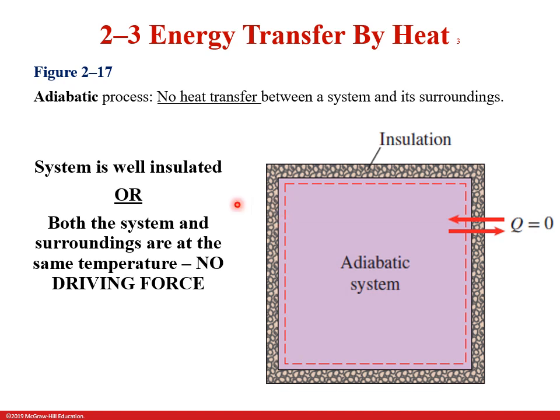So adiabatic means either the system is well insulated or the system and the surroundings are at the same temperature, so there's no driving force for temperature. Typically we're going to use adiabatic in the context of well insulated. But if you're doing an analysis and there's no indication of temperature difference between the surroundings and the system, you could also in some cases assume it's an adiabatic system.